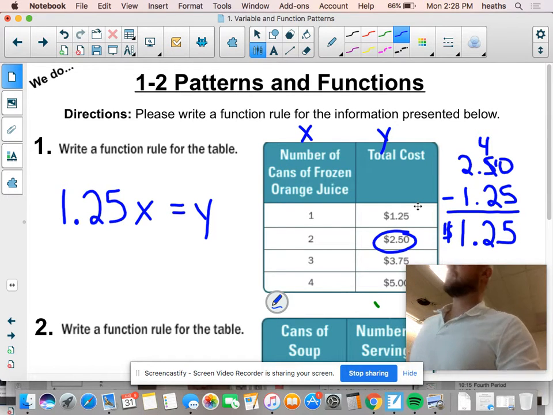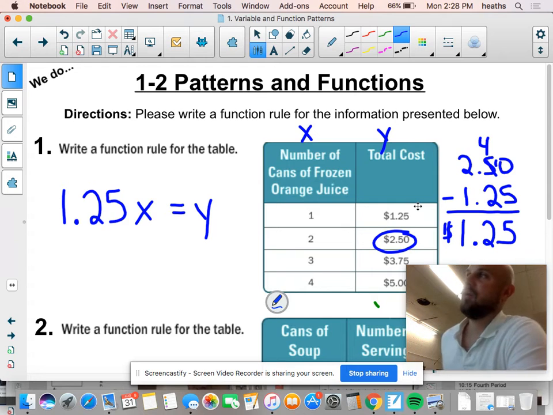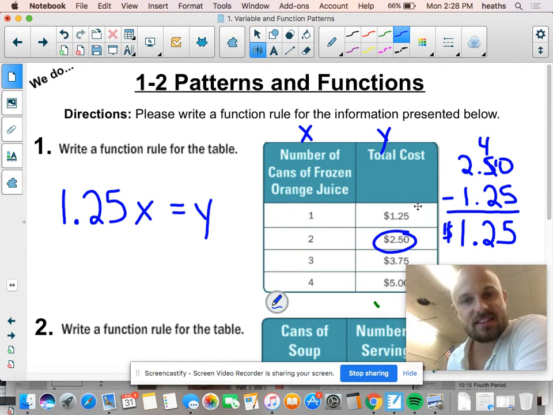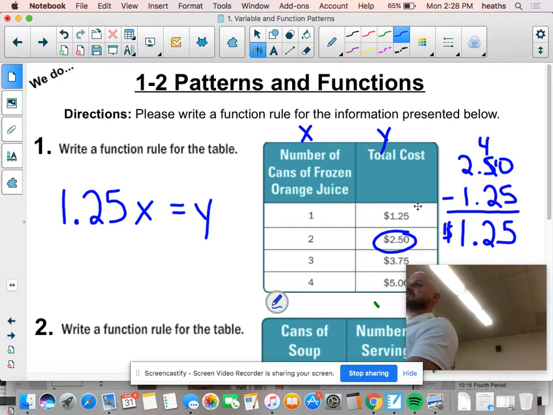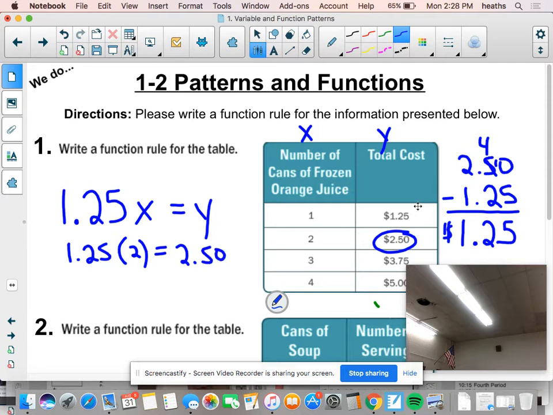So for example, if we take $1.25 times x, and let's say that x is 2, $1.25 times 2 is going to be $2.50. So I'm just going to write it out here. 125 times 2 equals 250. So that works.